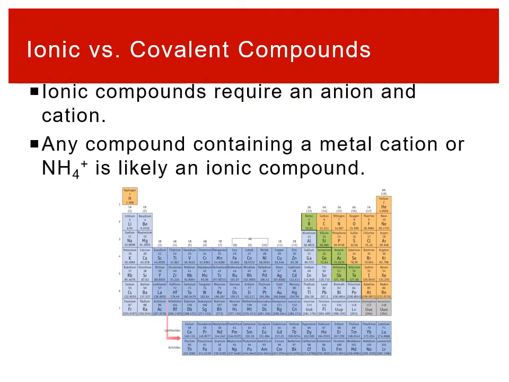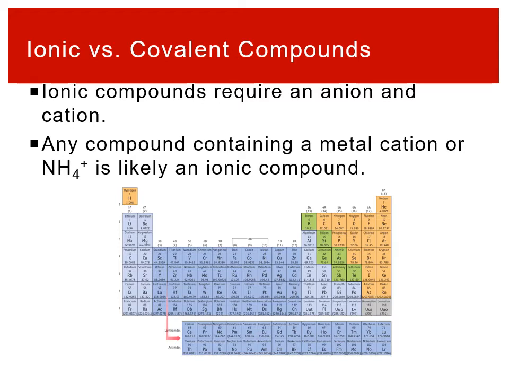All right, so ionic versus covalent is the first question we want to answer. We're going to rely on the fact that ionic compounds have to be neutral. That was a big part of when we were talking about ionic compounds. We know they have to have an anion and a cation, so we need both of those.